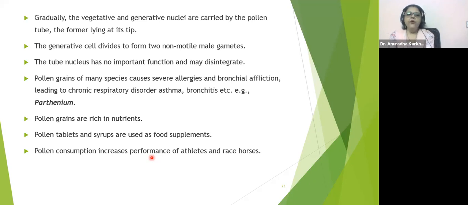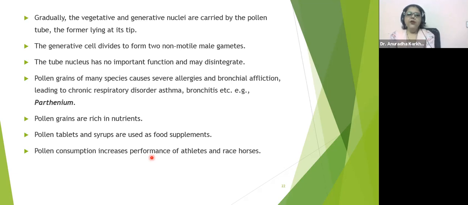Okay? Pollen grains are rich in nutrients. Pollen tablets and pollen syrups are used as food supplements. In many Western countries they make pollen tablets, pollen capsules basically, and pollen syrup to give strength and stamina, acting as a food supplement. Pollen grains are very rich in nutrition.